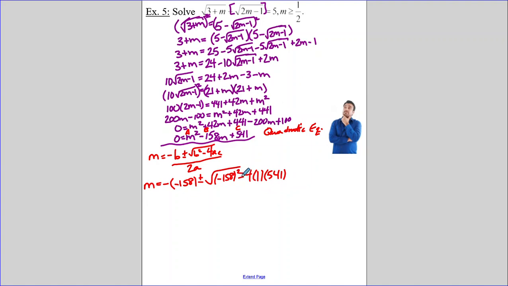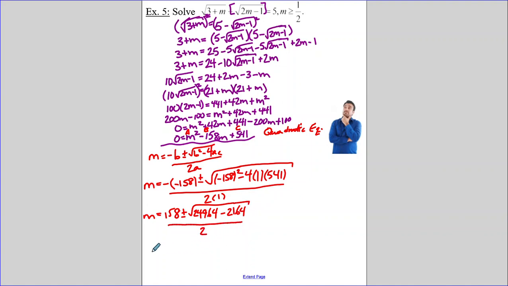So there's no way that I'm doing this without a calculator at this point because the numbers are just getting too large. All over 2 times 1. So m is equal to 158 plus or minus the square root of, and then now 158 squared, negative 158 squared, is going to give me 24,964, minus 4 times 541, that's 2164, all over 2.